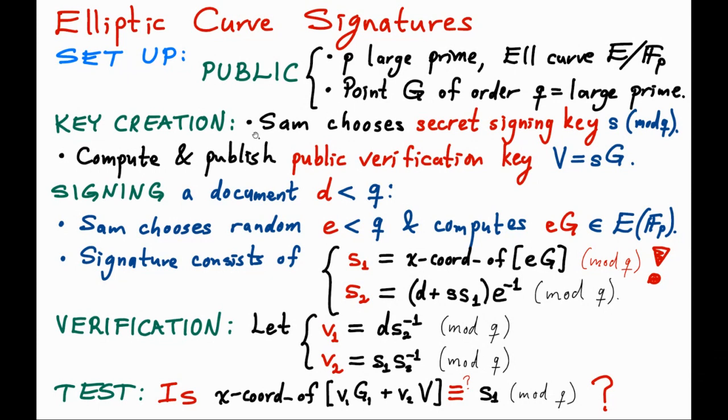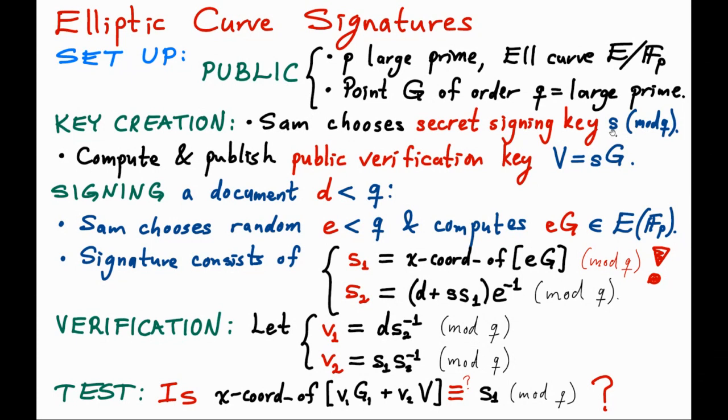So anyway, remember here the setup for a signature is that you have Samantha as the signer. She wants to provide a signature on a document, and Victor is the verifier. He needs to have Samantha's verification key to verify that the signature accompanying the document is valid, right? So the secret signing key of Samantha is an element less than Q. So it's an integer modulo Q, right? So let's just call that little s.